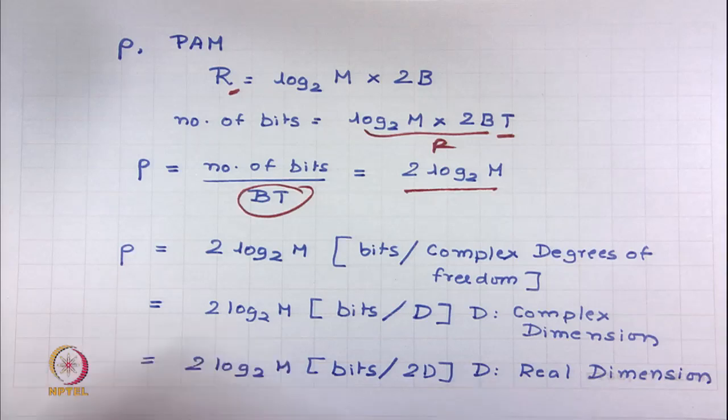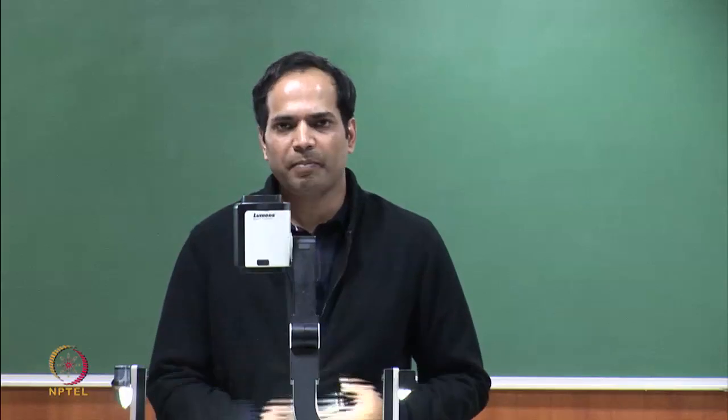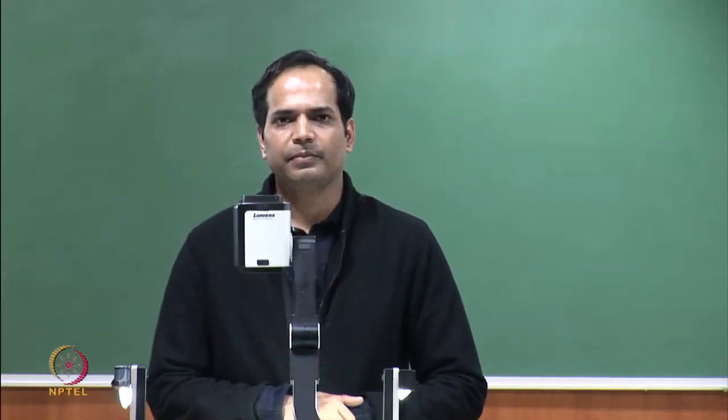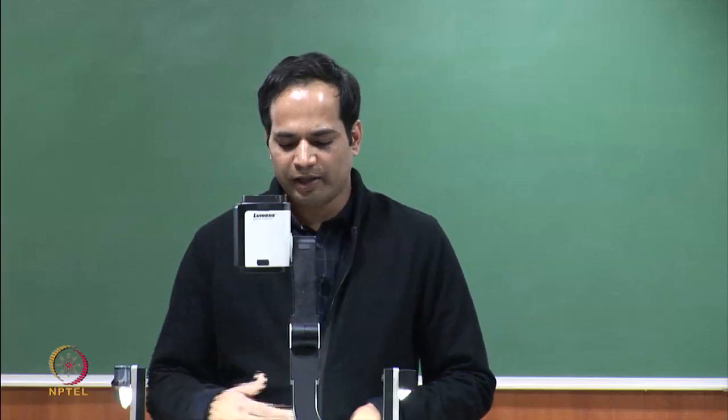So, it depends upon context to context and book to book. So, once you see D, you have to ask the question whether it is a complex dimension or it is a real dimension. If the underlying definition of D is real dimension, then you would see the 2D in here. If you see D as complex dimension, then you would just have D. So, this definition of a spectral efficiency is also useful and is used in several contexts.